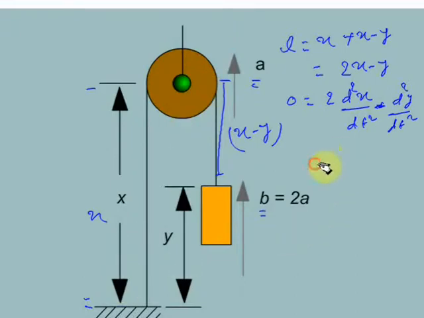So we can write d²x by dt² as a, that is the acceleration of the pulley, and d²y by dt² as b, that is the acceleration of the block. So we have 0 is equal to 2a minus b, or b is equal to 2a. So the acceleration of the block is twice the acceleration of the pulley.